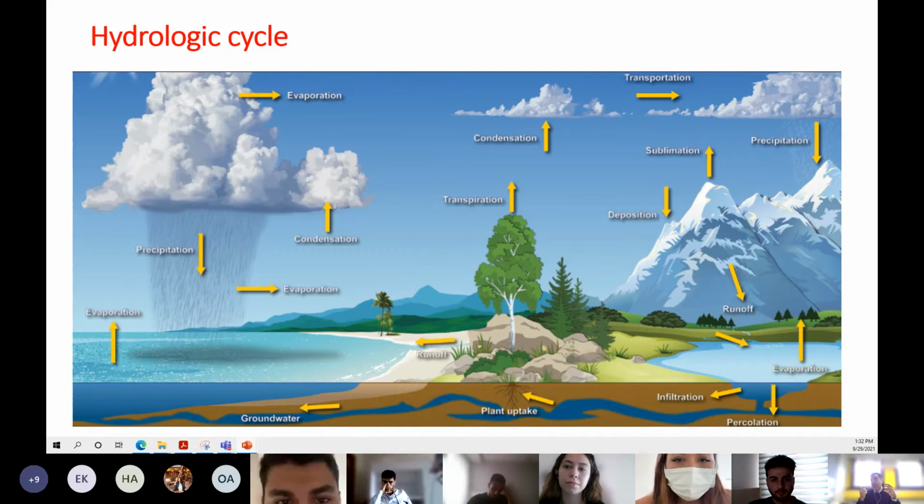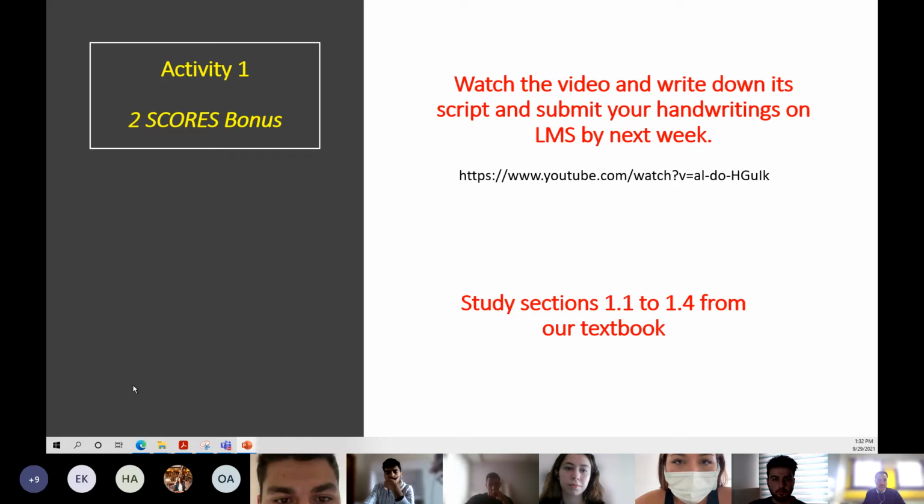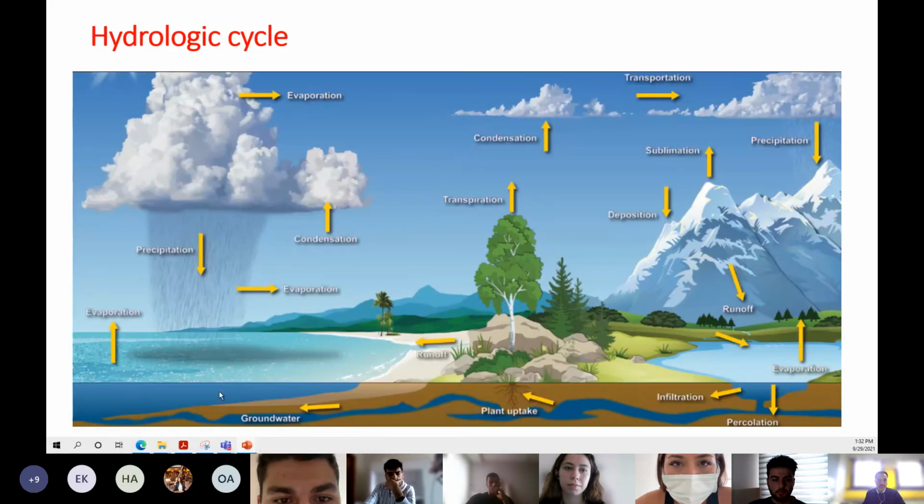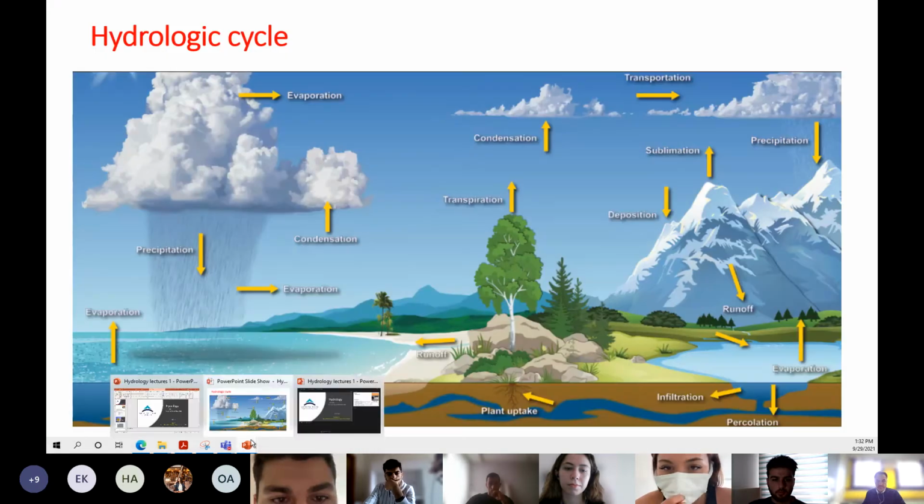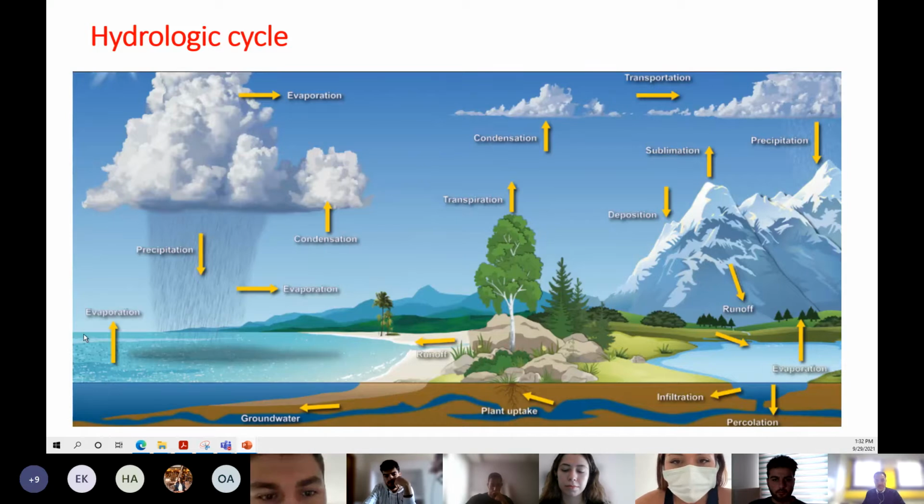Some water can go out of the control volume. Anyway, assume the ocean, this ocean is your control volume.